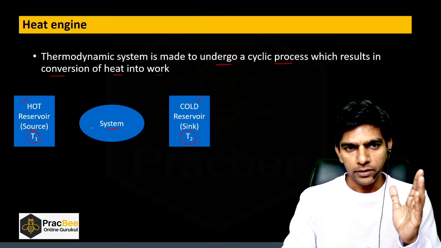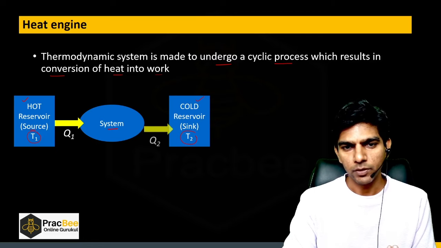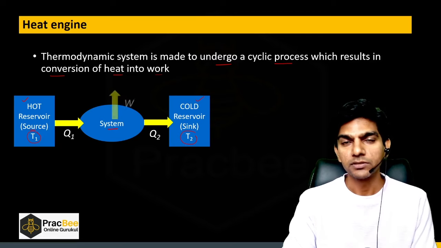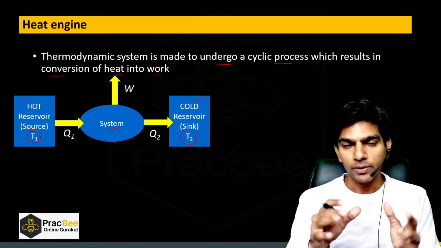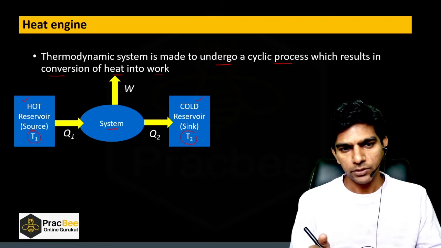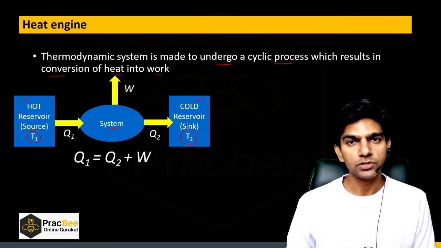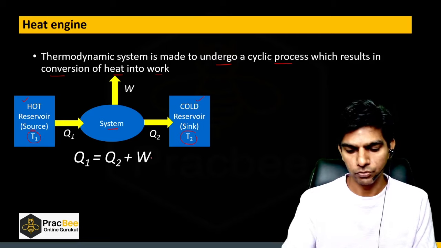Now, in a heat engine, heat is taken from the hot reservoir and some of the heat will be rejected to the sink, and in doing that, there will be some work done by the thermodynamic system, right? If we apply energy conservation, can you see Q1 is entering the system, Q2 and W are going out of the system. So by energy conservation, Q1 equals Q2 plus W, and W will be nothing but Q1 minus Q2.